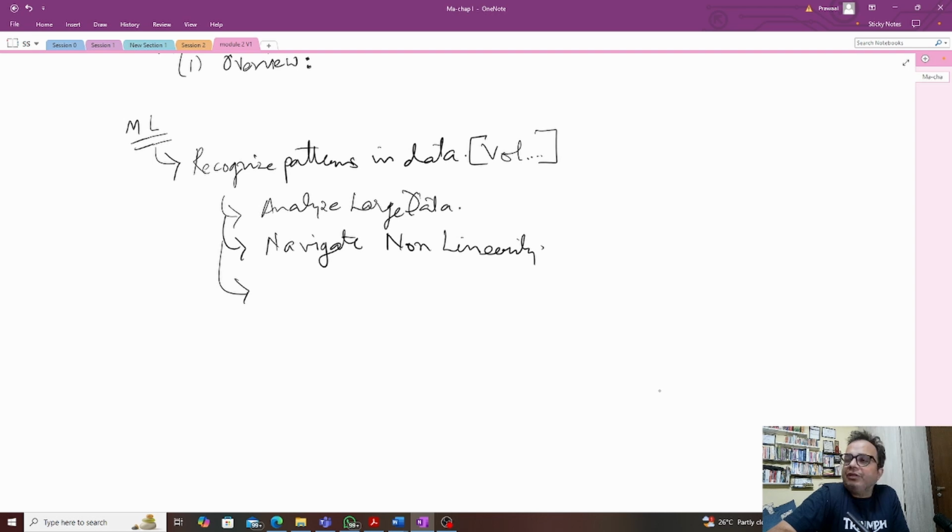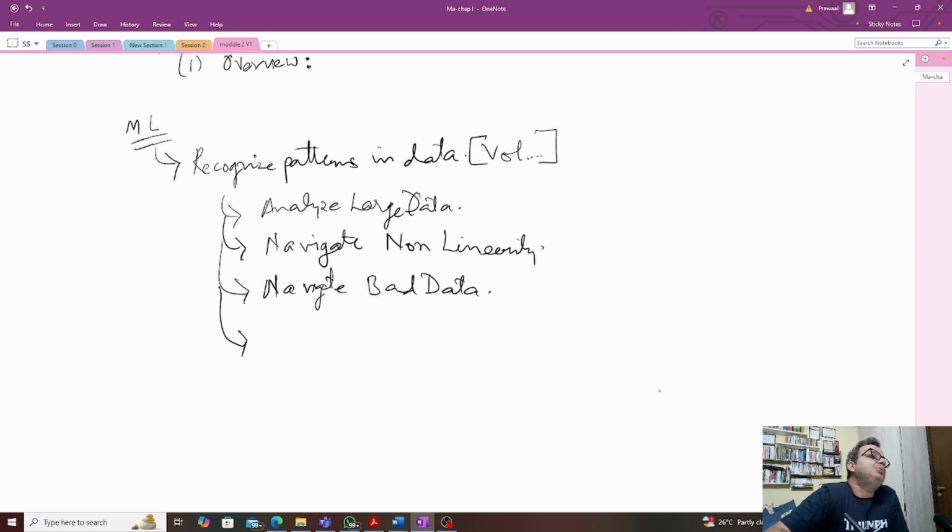Then, not all the data is clean data, not all the data is something that you can just use as it comes. So machine learning also helps you navigate bad data. In fact, data quality is one of the primary problems when you start working on machine learning projects and you see what kind of data is given to most data scientists.